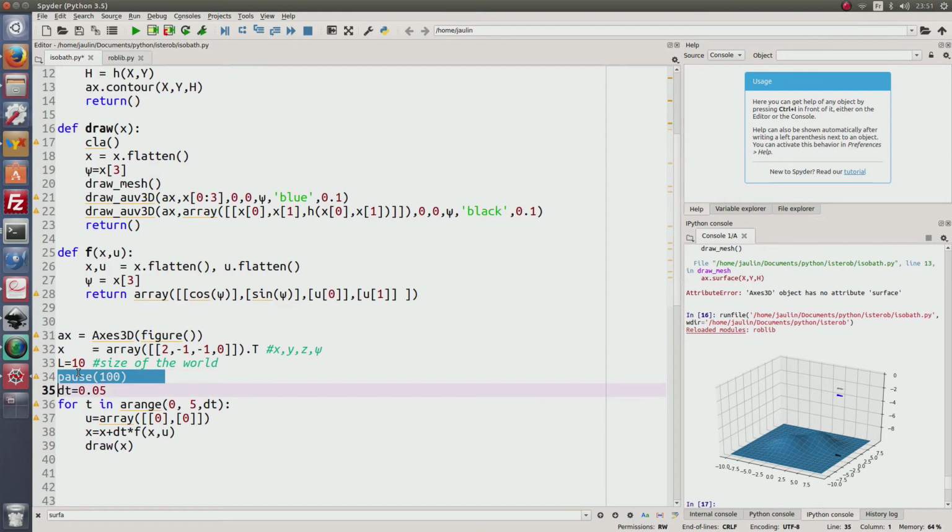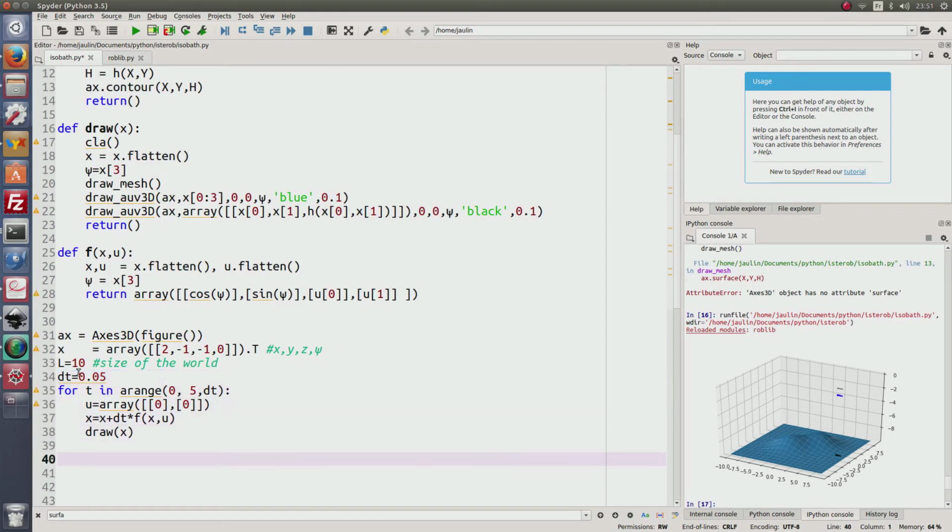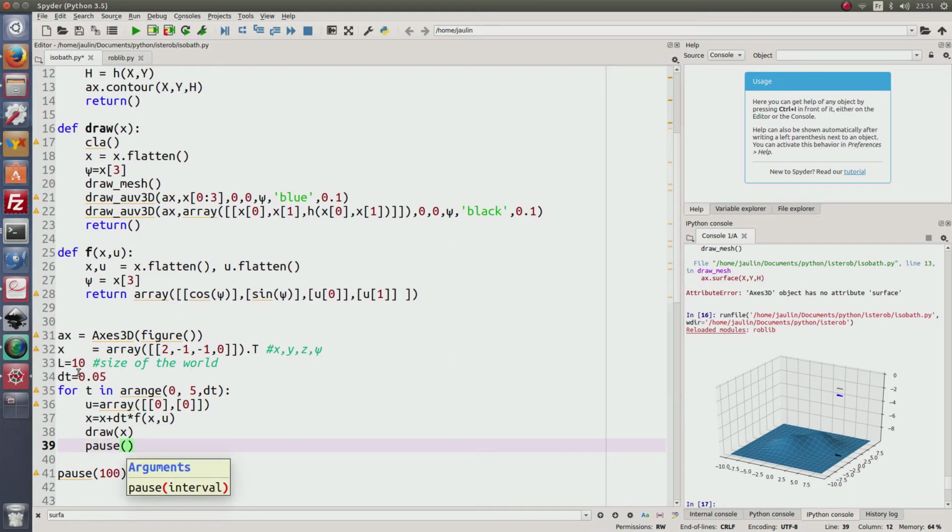The pause I will put after the drawing, otherwise it will remove the picture immediately. I will put a small pause to let the computer draw the picture, something very small, otherwise it will draw everything only at the end.